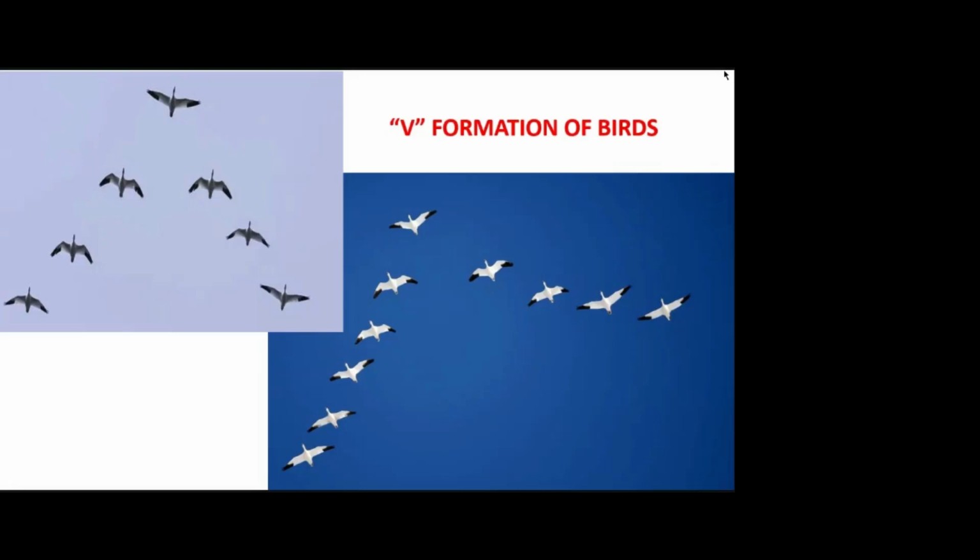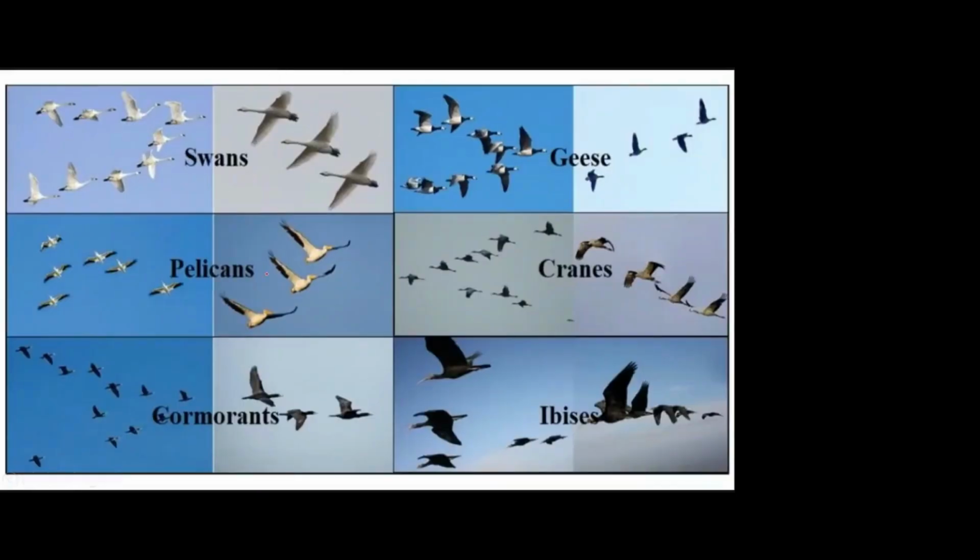What is the reason? So almost all types of birds try to form the V, or inverted V, or slanted lines. This type of shape it will try to form.